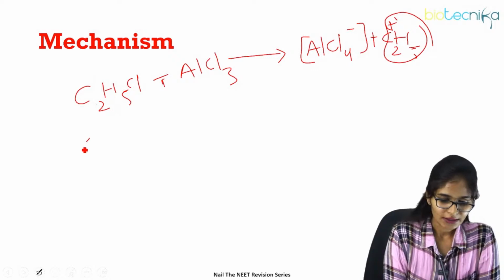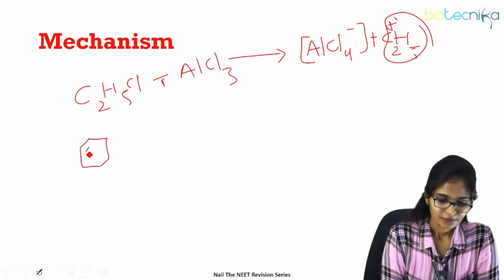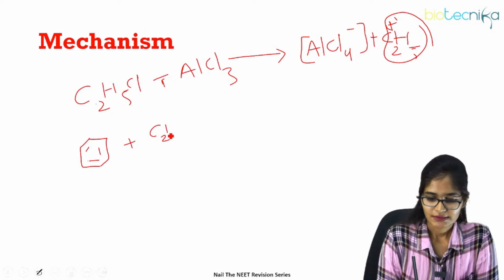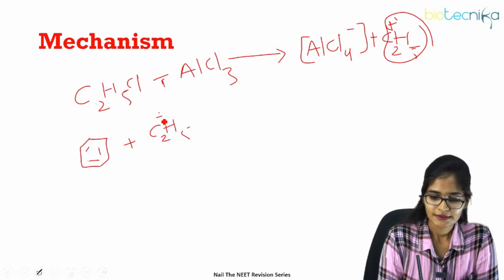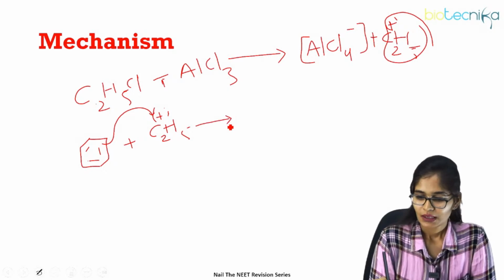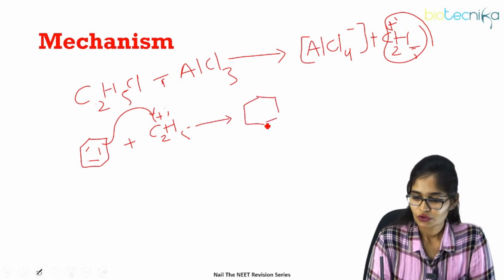Now you have to attack it on benzene. Just consider C2H5 plus attacking on it. Again, follow the same step where you form the sigma complex with C2H5 and hydrogen.